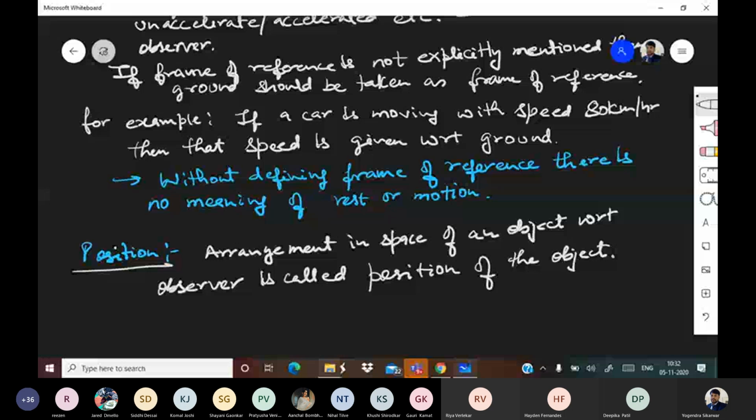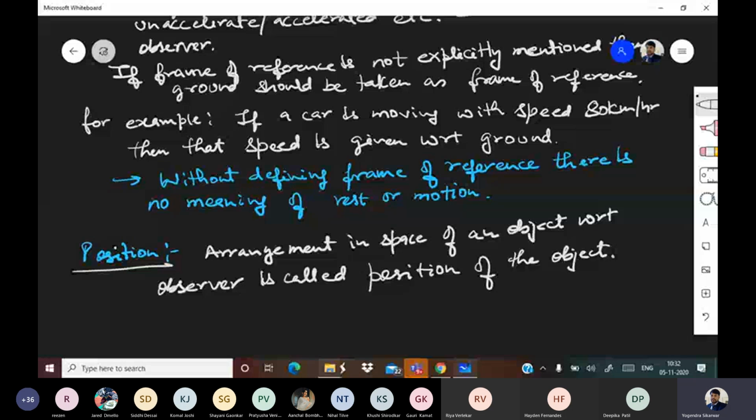So, sir, I am 2 meters from the corner. Which corner? There are many corners in the room. So we have to specifically decide that okay, with respect to this corner, I am 2 meters in the right direction. So if you do it that way, it becomes more clear. Okay, that's why frame of reference is very important.